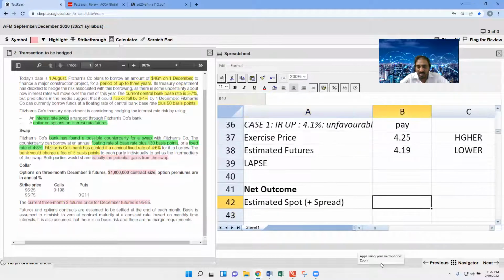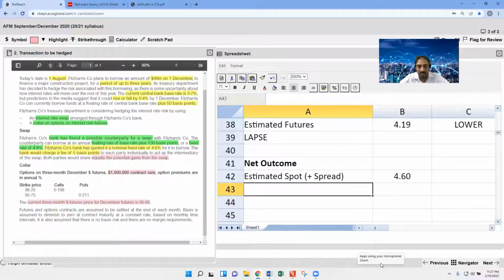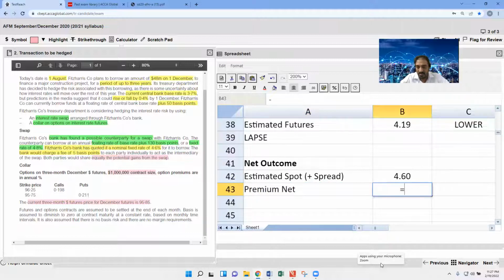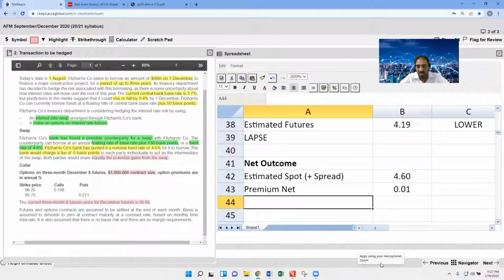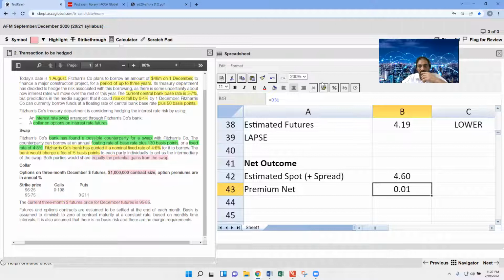It's simple: 4.1 plus the spread 0.5, that's 4.6. The premium, net, is $0.013.